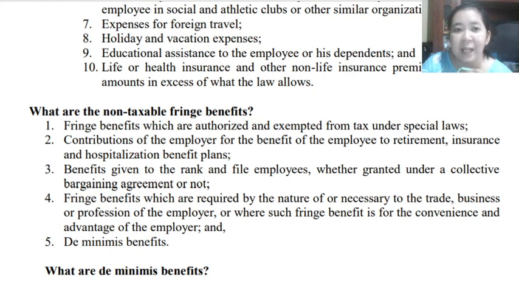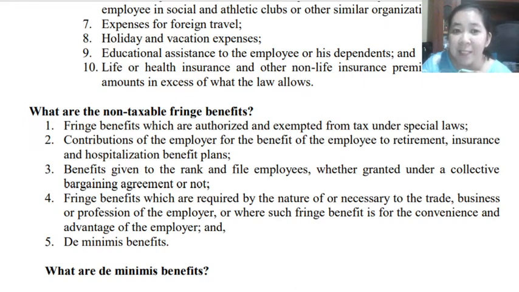Second, if contributions of the employer for the benefit of the employee to retirement, insurance, and hospitalization benefit plans. So only those fringe benefits related to the retirement, insurance, and hospitalization of their employee, that is non-taxable. All the rest are taxable.